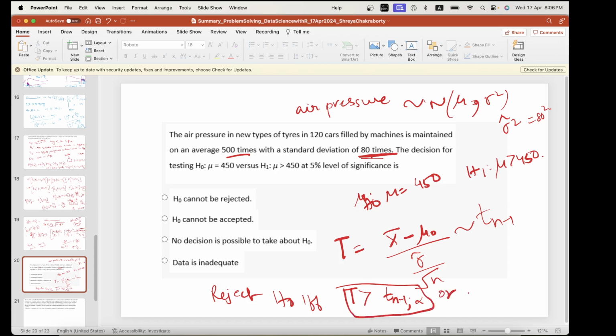Or in terms of p-value, probability t greater than t observed should be less than 0.05. So t observed greater than this one. We have to find out t n minus 1, alpha.